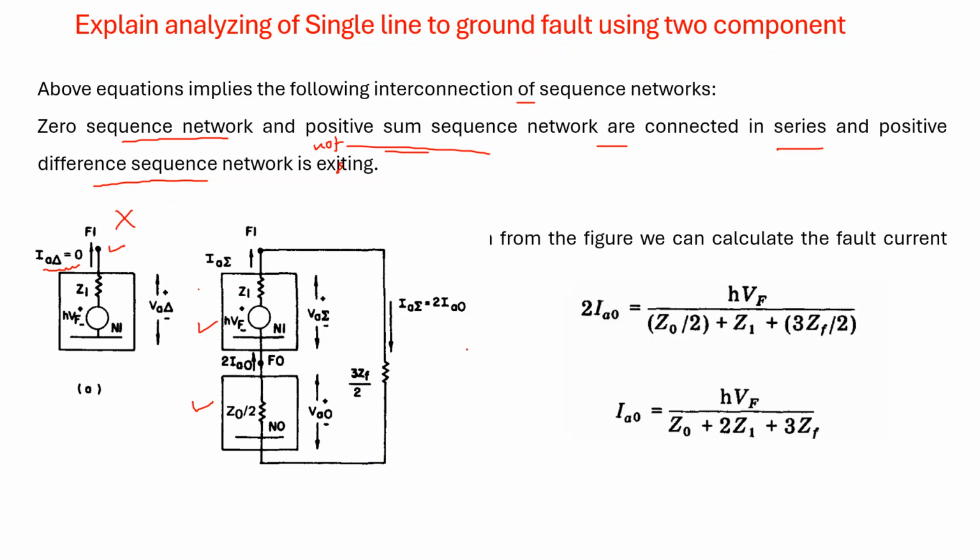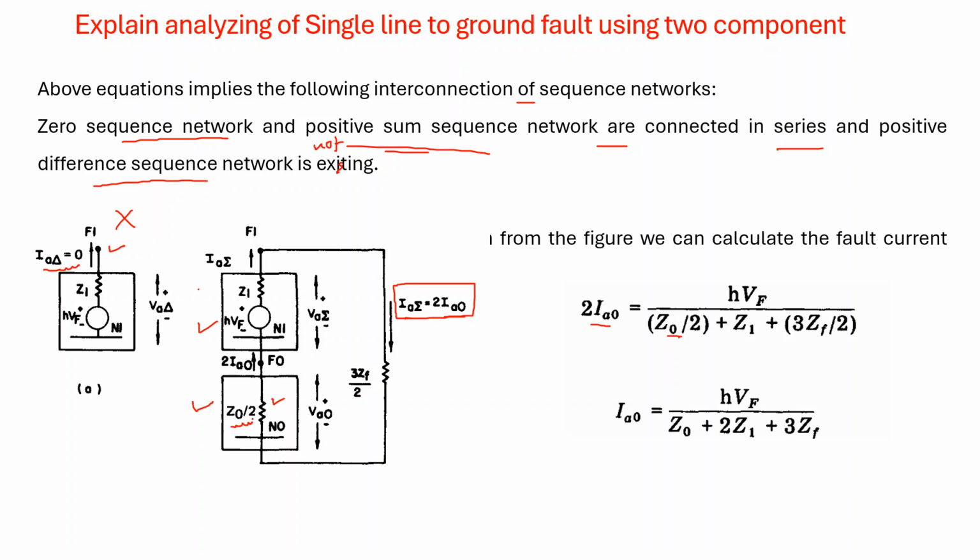Now from the figure we can calculate the IA naught current as this equation. IA naught is equal to V divided by Z naught by 2 plus the negative sequence. This modification is done in order to make IA summation equal to 2 IA naught. In order to make this equality, there are some changes in the impedances we can find here.